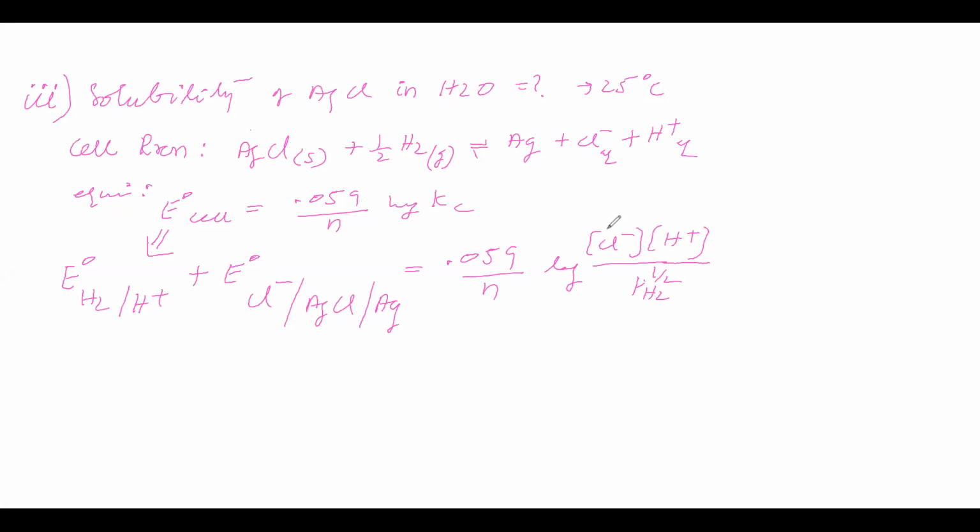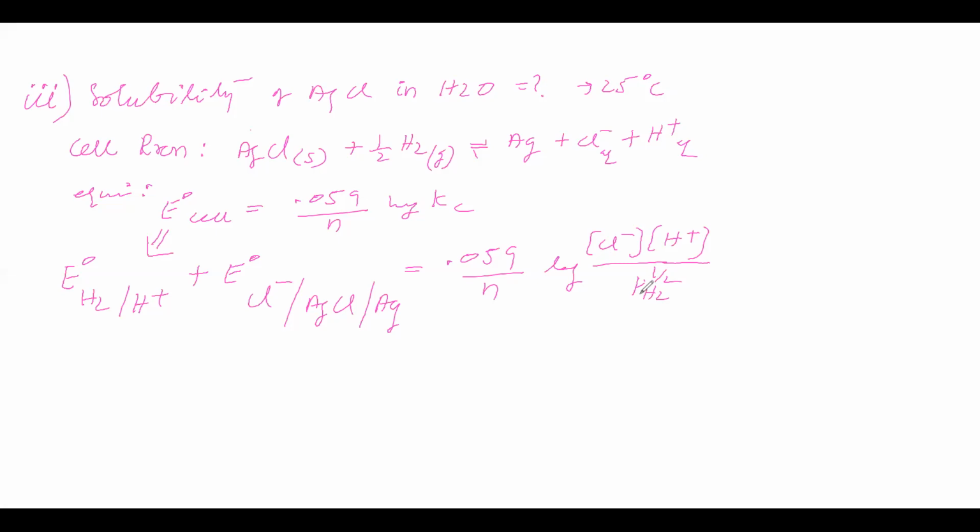Cl minus concentration is nothing but the solubility of AgCl. So to get the Cl minus concentration, we want the H plus concentration and pressure of hydrogen gas.